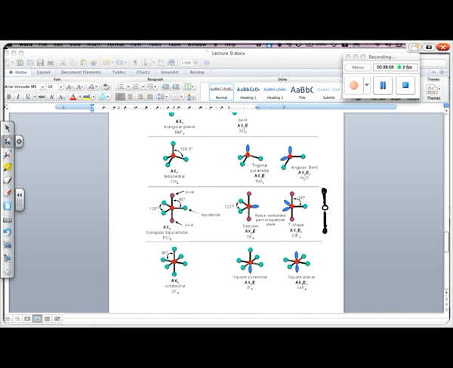Well, it just turns out that when you have that, the lone pairs occupy the axial positions, okay, here in the middle, and the 2 bonded pairs occupy these what's called the equatorial positions.